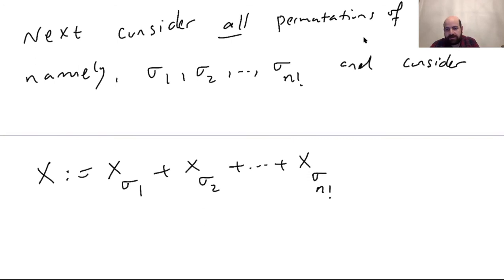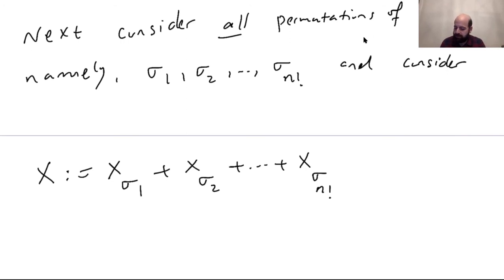Because remember, each X sigma i is either 1 or 0. So if capital X, which is the addition of them, is for example 5, that means 5 of these X sigma i's are 1 and the rest of them are 0. And that would mean I would have exactly 5 Hamiltonian paths corresponding to 5 permutations. Similarly, if capital X is 6, that means I have 6 Hamiltonian paths corresponding to 6 permutations. So basically, this capital X measures the number of Hamiltonian paths. And of course, each Hamiltonian path corresponds to 1 permutation.